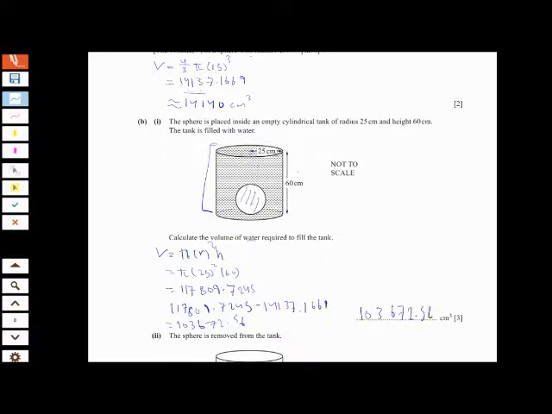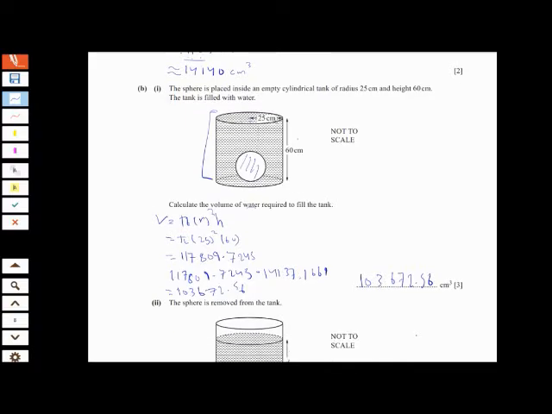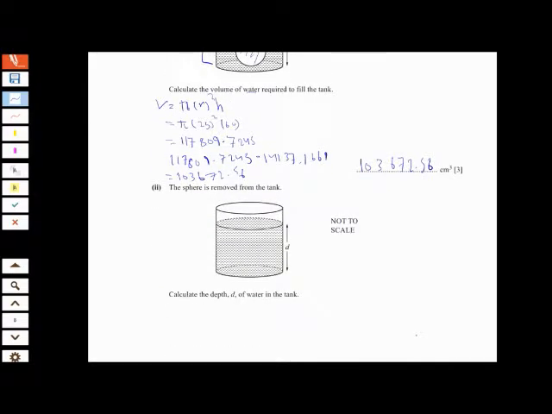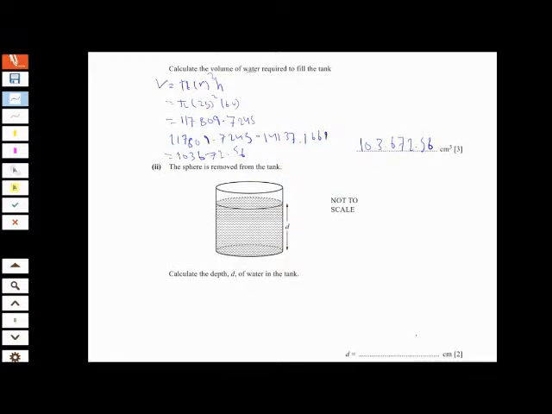Now moving on to the next question. The sphere is removed from the tank. Now calculate the depth. Okay, now they took out the sphere. They want the new depth now. So basically we know the volume of this water, so we write it down here. The volume of water equals the volume of the cylinder, which is, as I said, pi r square, the area.